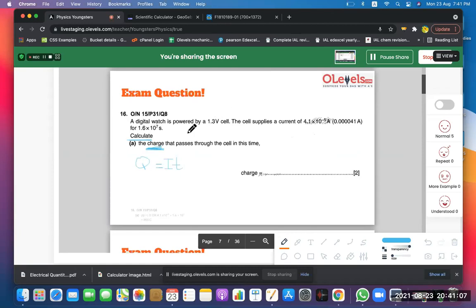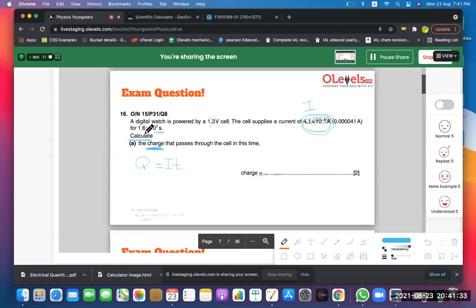And now I don't have to read the entire question. I know this voltage is of no use. Here it's telling current. Yeah, I will underline. I'm given the current. I will mark it up in the question. Means I can use this equation. I is given in the question, and time is in seconds.